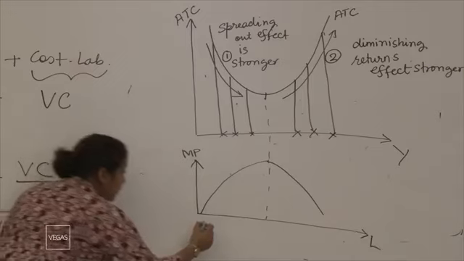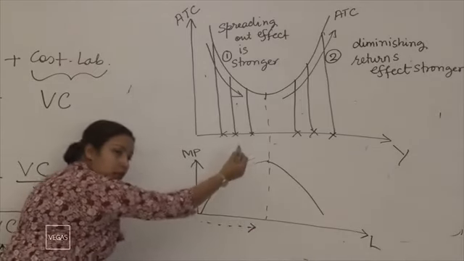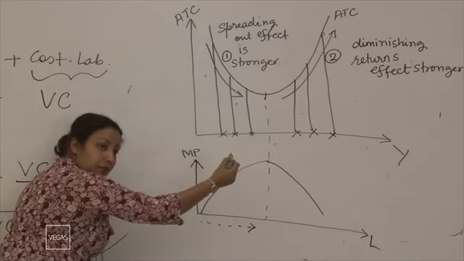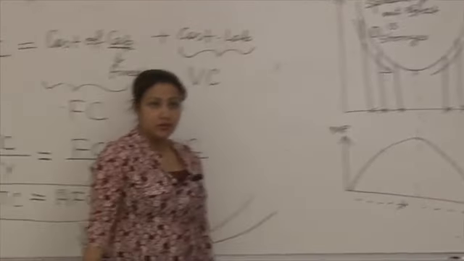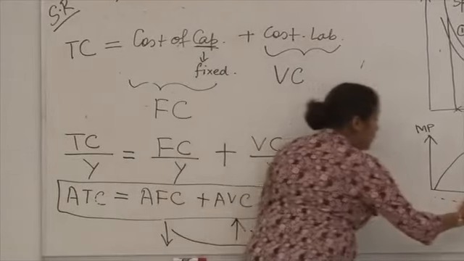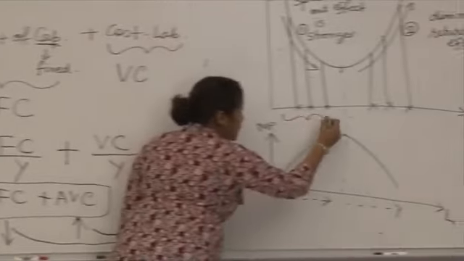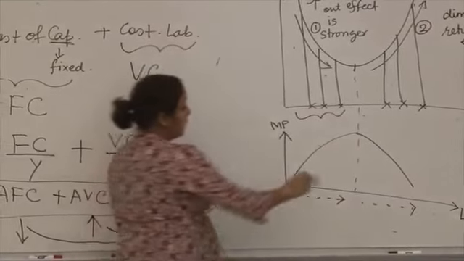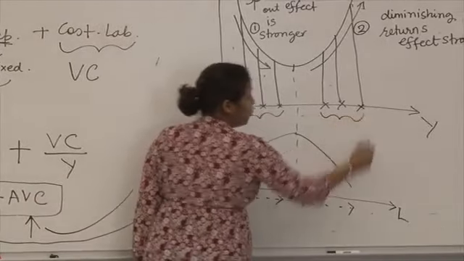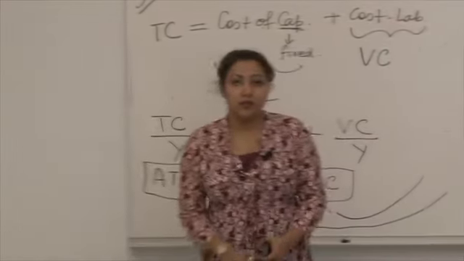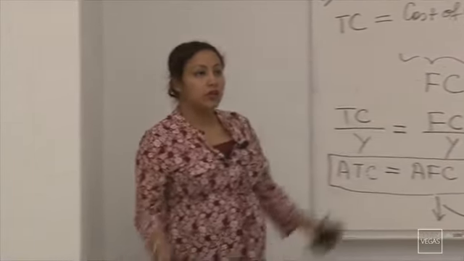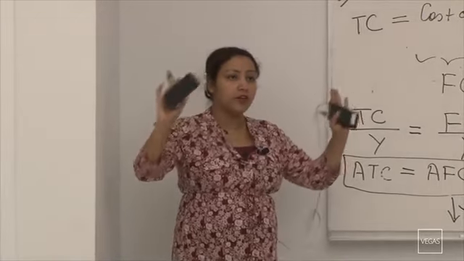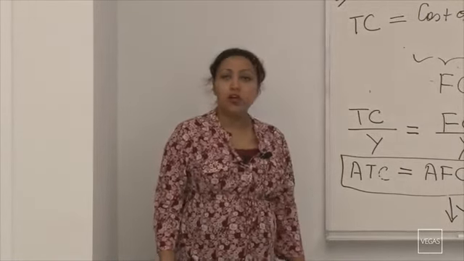In the initial units of hiring, it is more productive workers, and in the later units of hiring, it is the less productive workers. And in the initial units of hiring, the output is less, and in the later stages of hiring, the output is high. Okay. So there is a relation between all those diagrams. They are all interconnected.